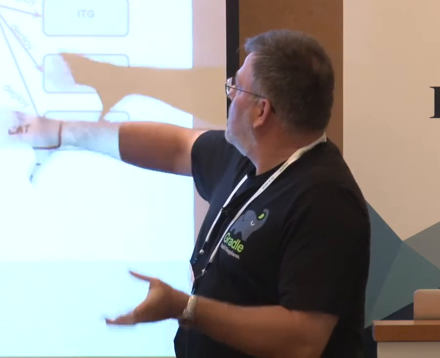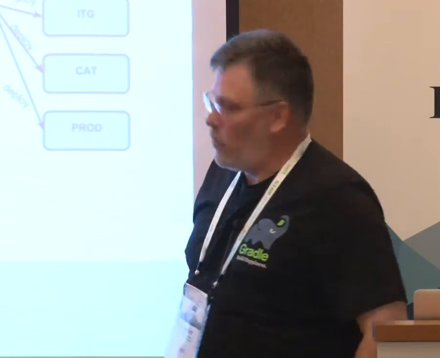So this is the environment that we're moving to, kind of the infrastructure part of it. Our goal really is to make the builds easier for the developers. We have a lot of developers that don't know and don't care about Ant, or don't know and don't care about Gradle.